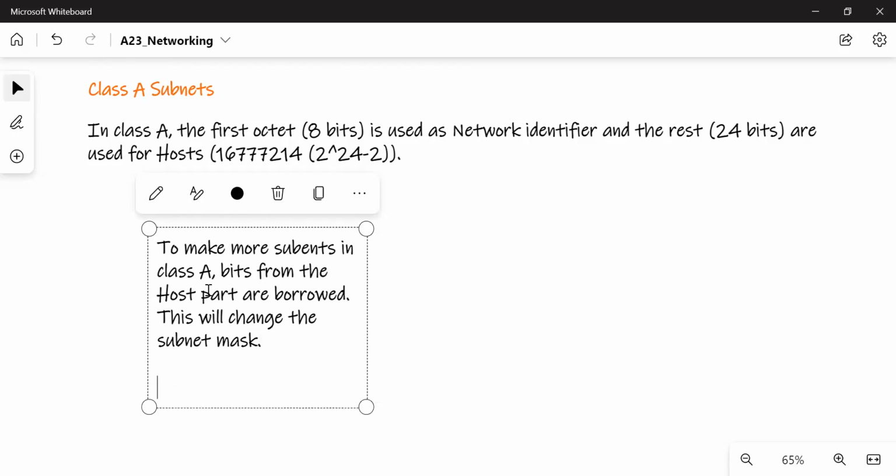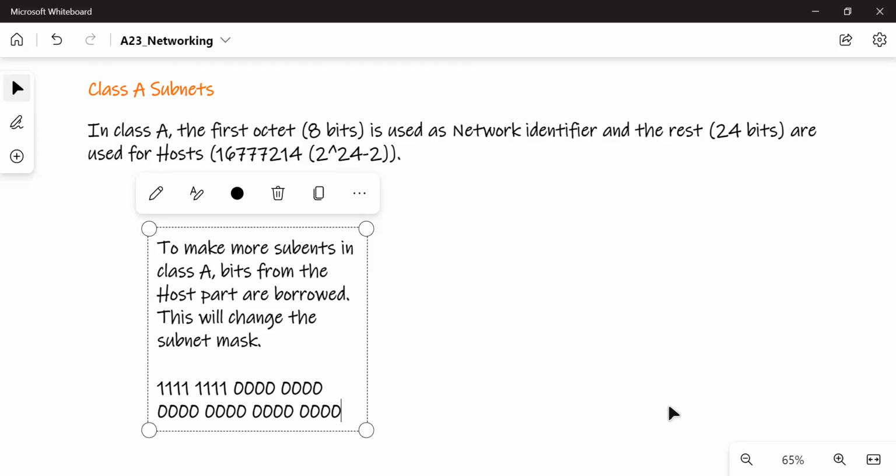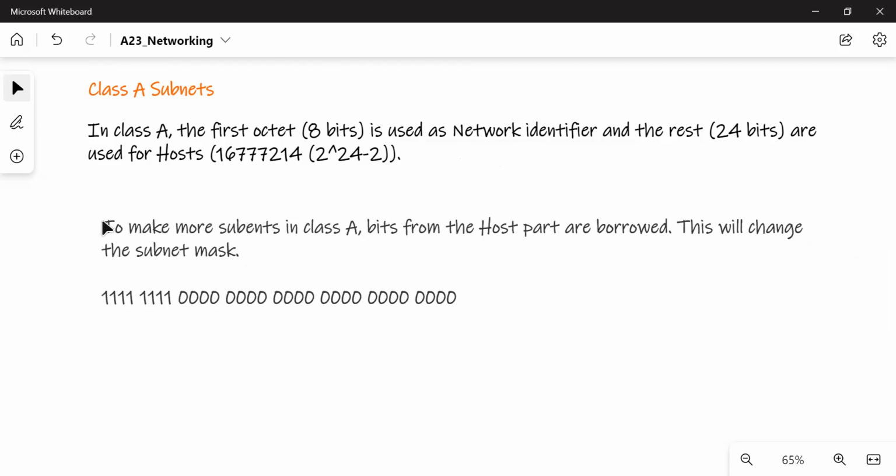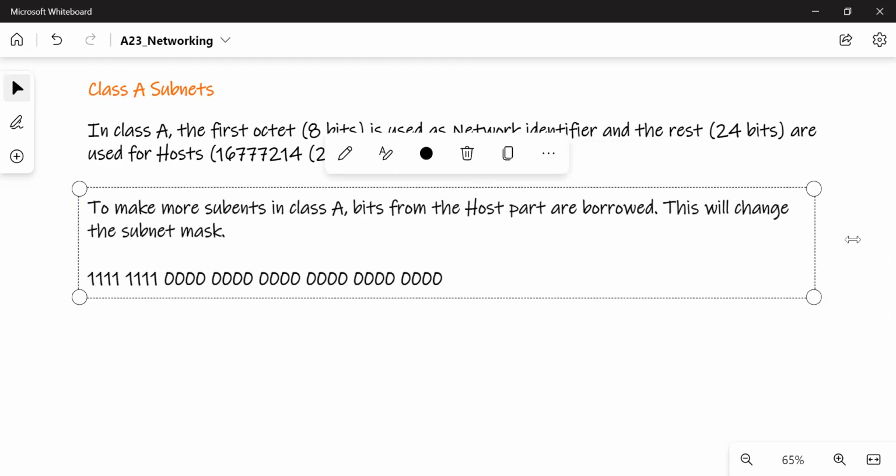So what was the subnet mask? We know in class A we have, right, 8 bits, and all the others are 0. Right, now let's see what will happen, right? Depending on how many bits we are going to borrow, we are going to see what will happen, right?